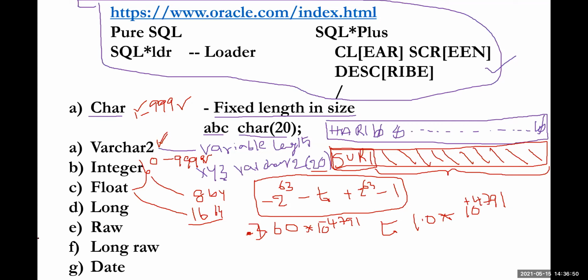This is the range of the float, and how it is stored we will see in the explanation.